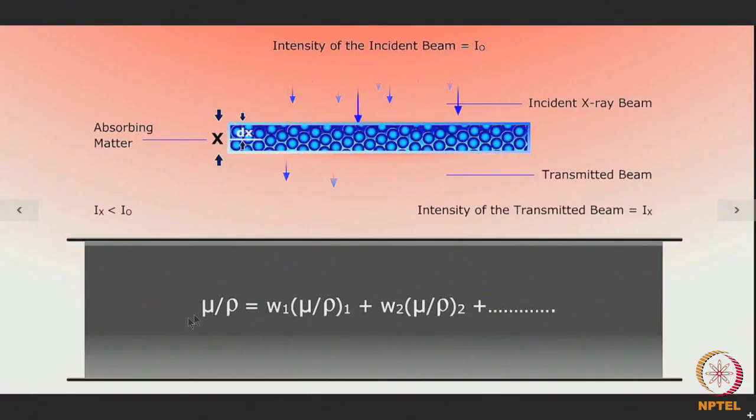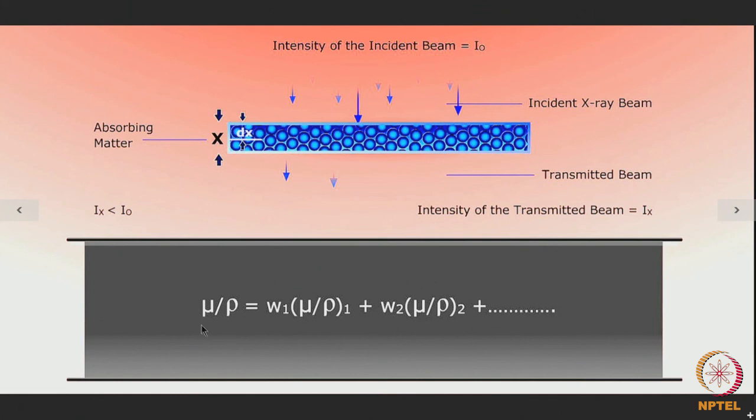Sometimes we have a composite material through which X-ray passes. So, for a composite material, how much will be the mu by rho? Say we have a composite made up of two substances 1 and 2, and suppose the mu by rho of substance 1 is mu by rho 1, mu by rho of substance 2 is mu by rho 2, and say the weight fraction of 1 is W1 and the weight fraction of substance 2 is W2.